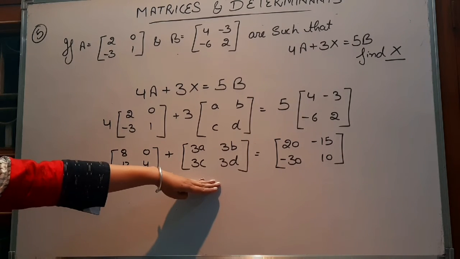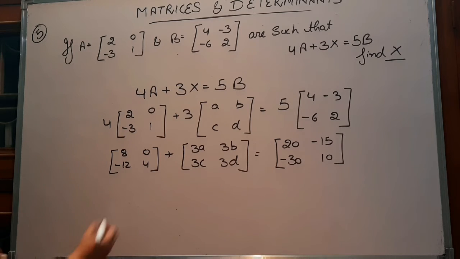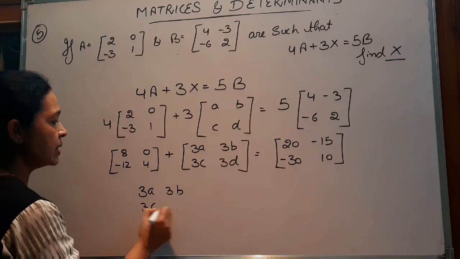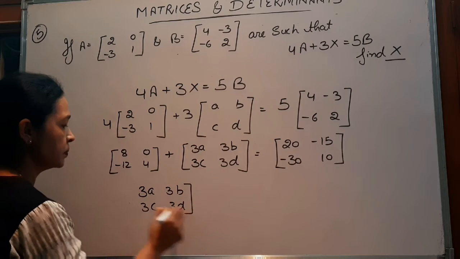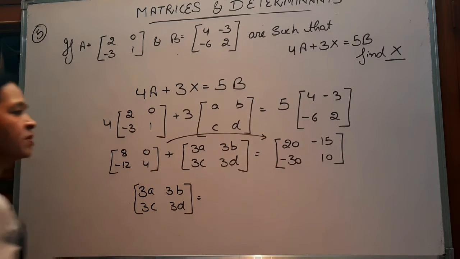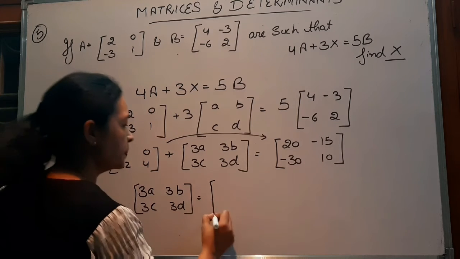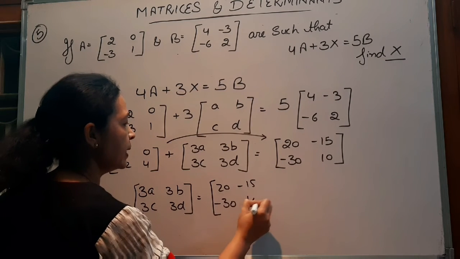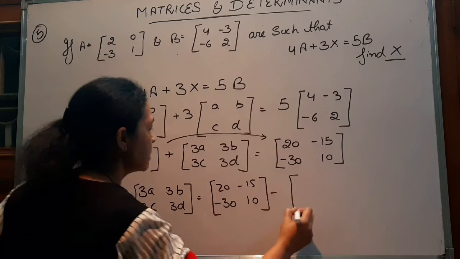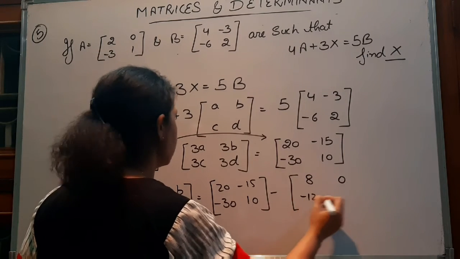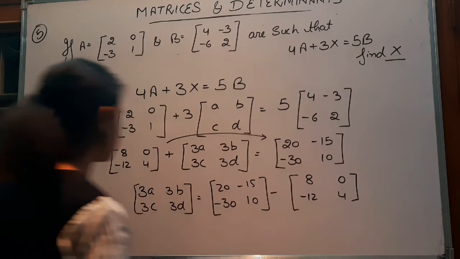Now we need X, 3A, 3B, 3C, 3D equals, we will take this matrix on the right hand side, 20, minus 15, minus 30, 10 minus 8, 0, minus 12 and 4.